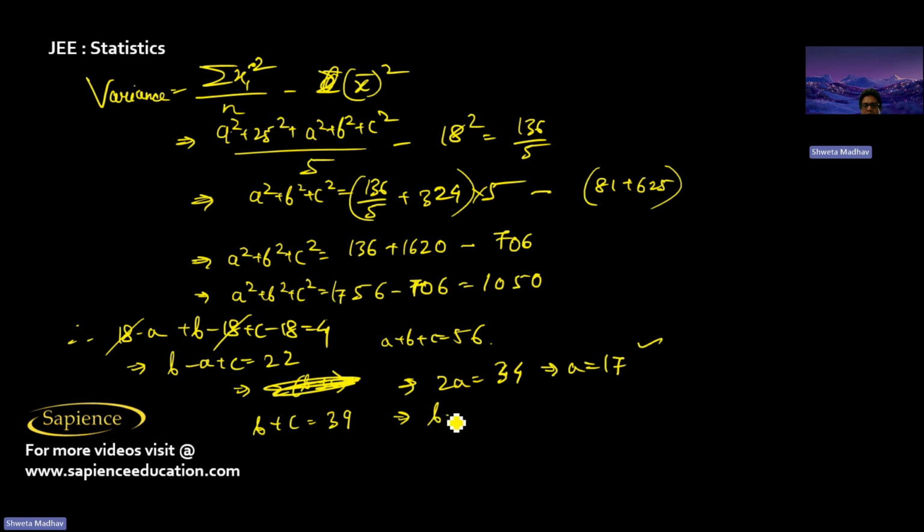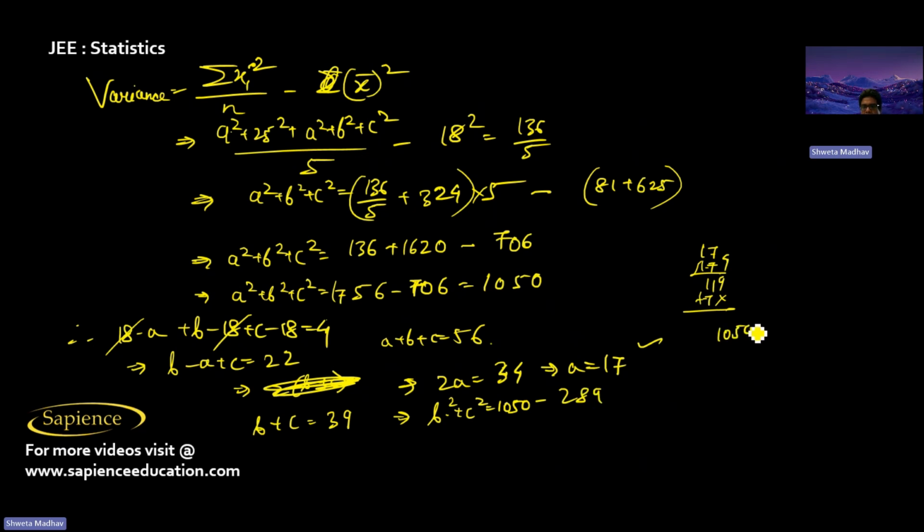And B square plus C square will be equal to 1050 minus 17 square. 17 square is 289.